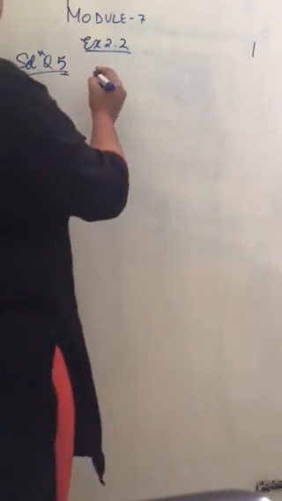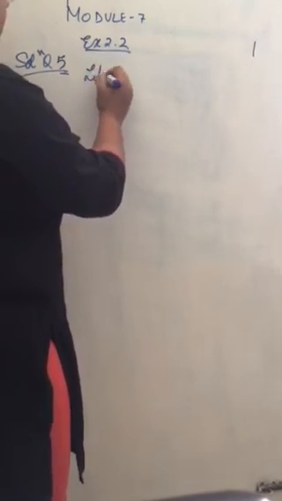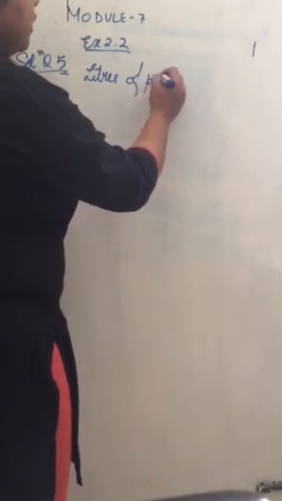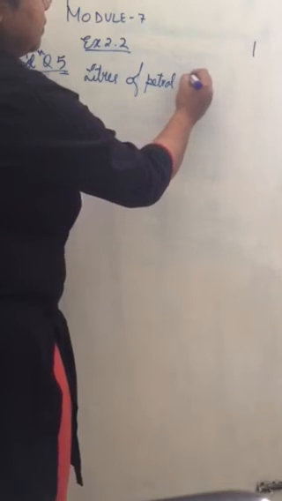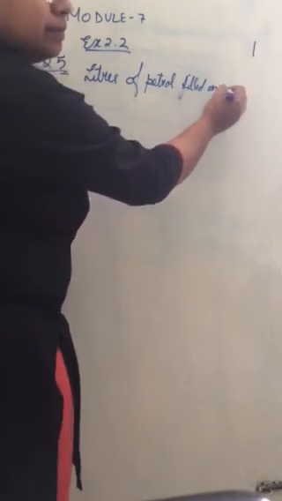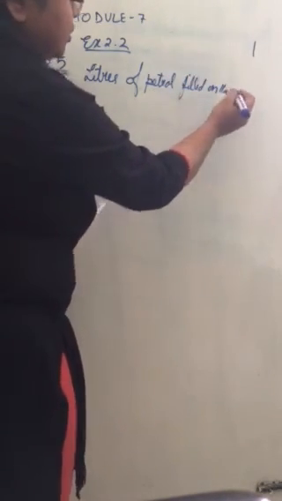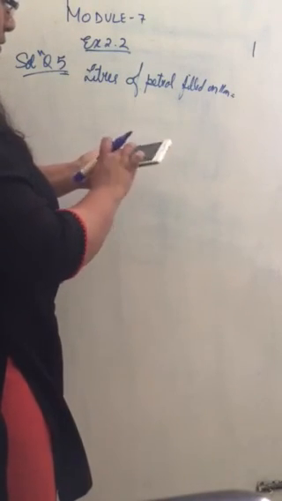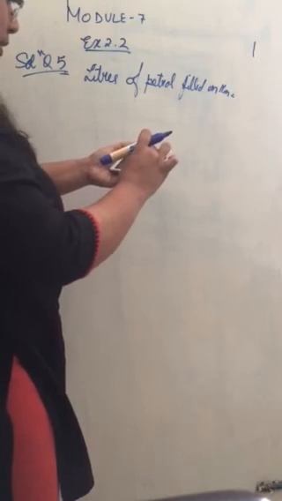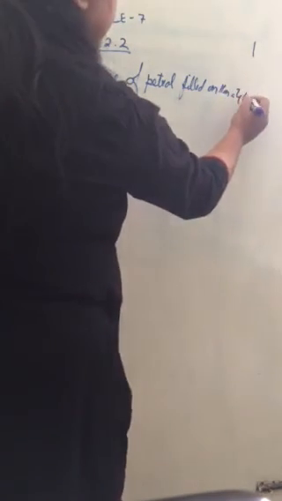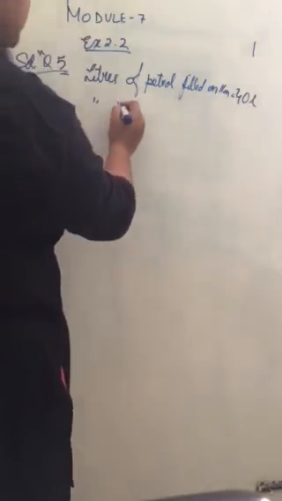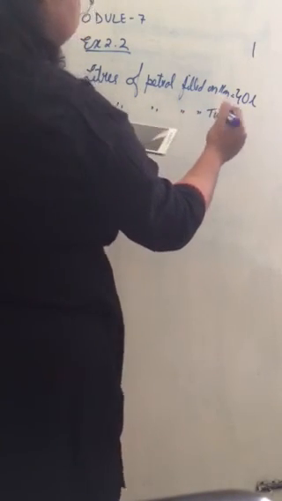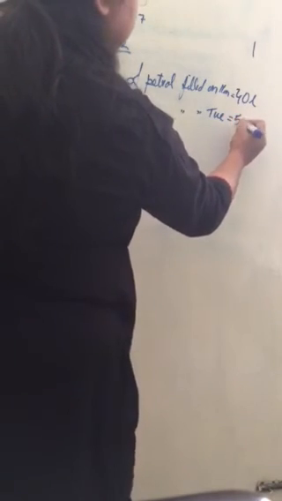So what can I write here? Liters of petrol filled on Monday is how much? This is 40 liters, right? Liters of petrol filled on Tuesday is how much? 50 liters.